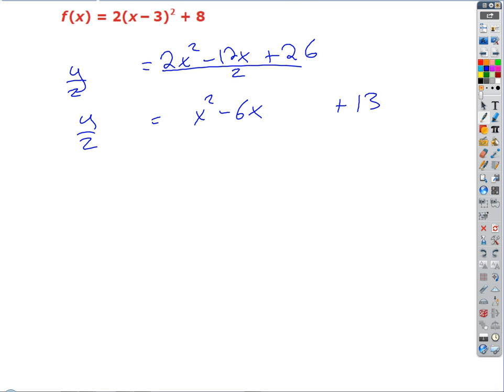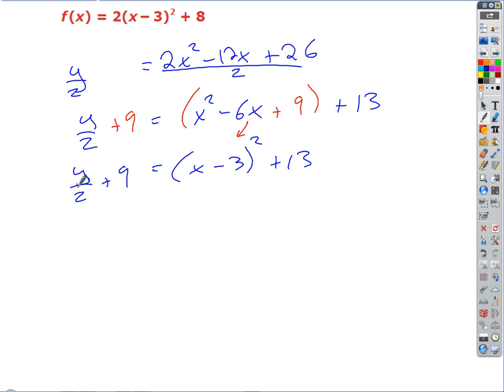Plus 9, good, because it's half of negative 6, squared. So it's going to equal x minus 3 squared, but to do that we've got to add 9 to both sides. And then this stuff right here becomes that. And then you end up with x minus 3 squared plus 13 equals y over 2 plus 9.